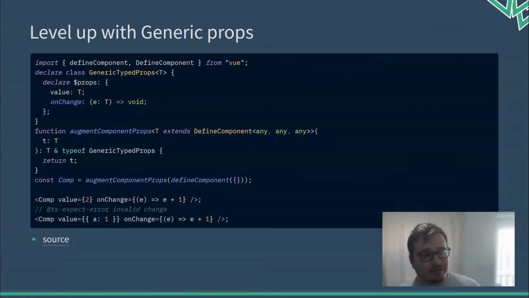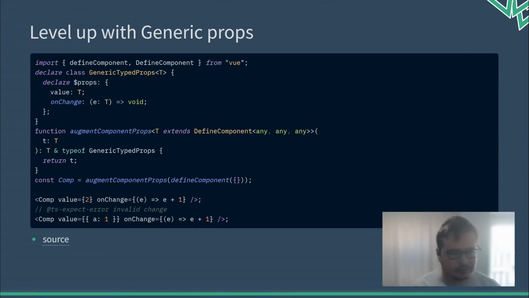So we have the value, which must be T. onChange is an event, and events in Vue can also be properties. They are basically the same. You can pass onChange, and that's going to pass an event, so we can use that as well. Here we're taking advantage of that, but we could possibly use defineEmits, and with that we can also infer some properties.